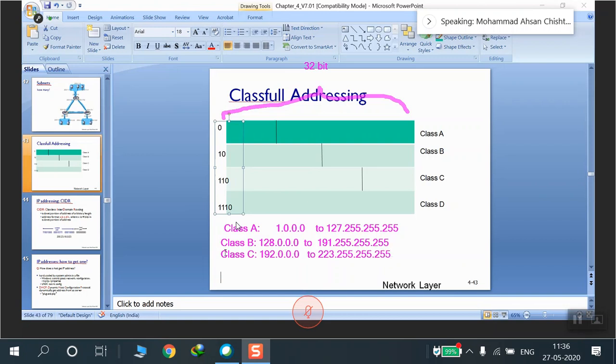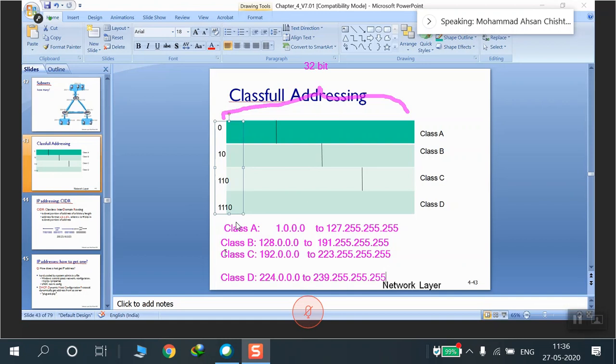And the last one is class D, which starts from 224.0.0.0 to 239.255.255.255. We have some remaining addresses which can be taken in class E as well, but generally we say we have four classes.